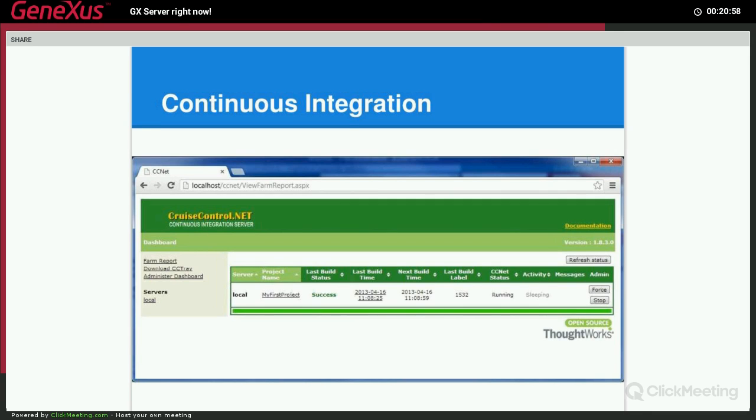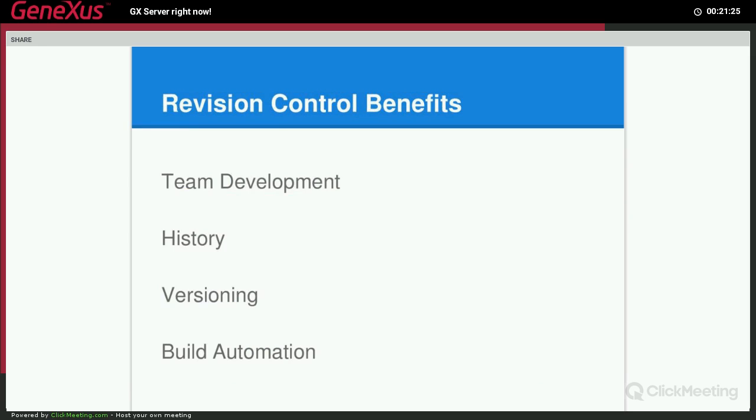When cruise control finds commits since the last build, it updates the working copy and triggers a new build of it. You may define your project in cruise control to not only build the project but also publish the binaries, send a mail, trigger any notification, etc., etc. And that's one important benefit for any serious professional software project.